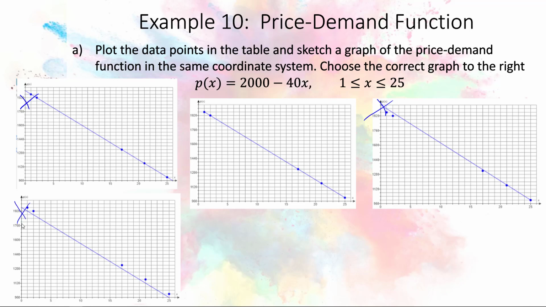Or let's look at one additional point just to make sure that this is right on. For example, let's take a look at the case where x is equal to 10. If x is equal to 10, then p of x, or p of 10, is going to be 2,000 minus 40 times 10, which will be 2,000 minus 400, which will be 1,600.